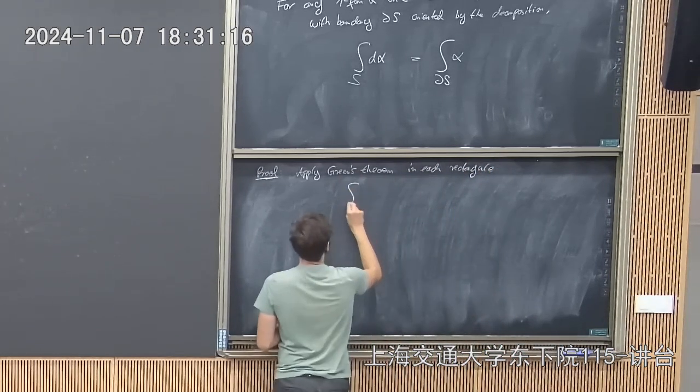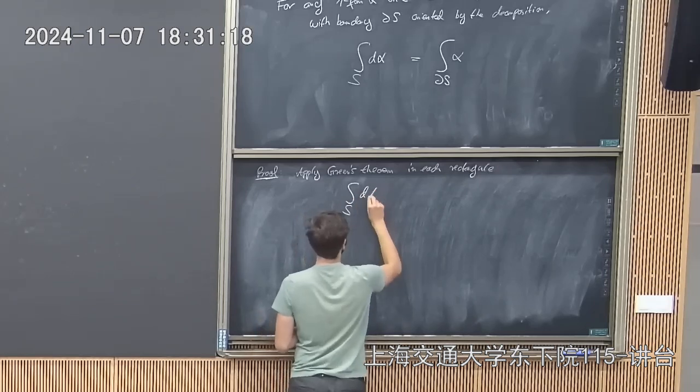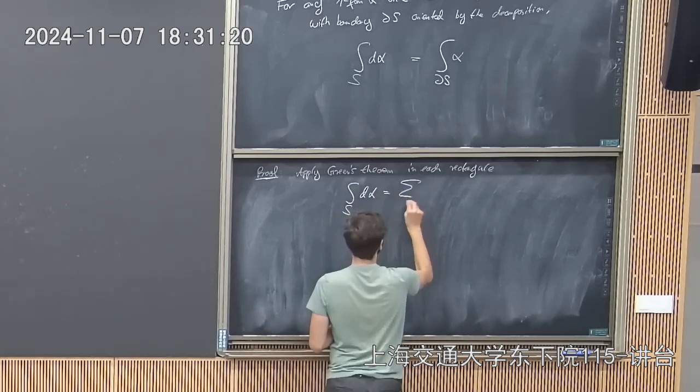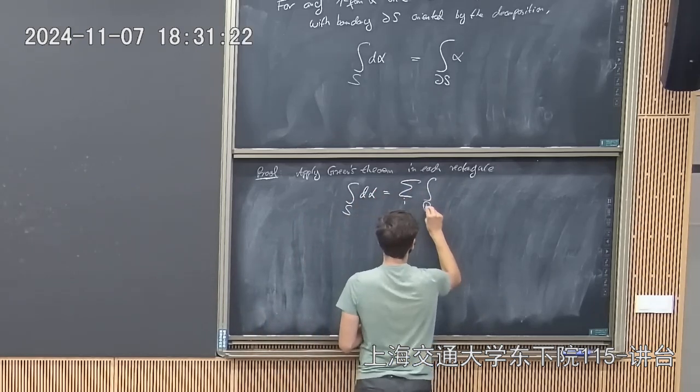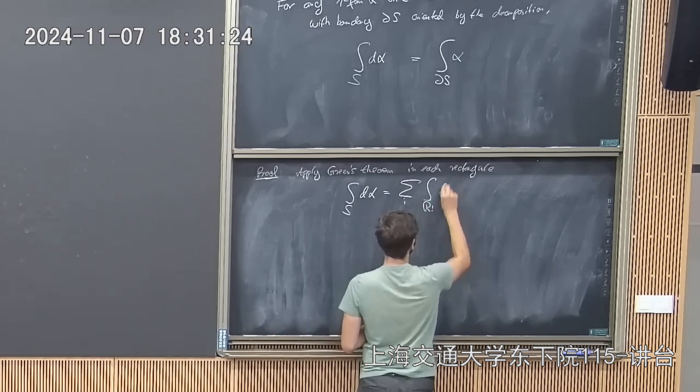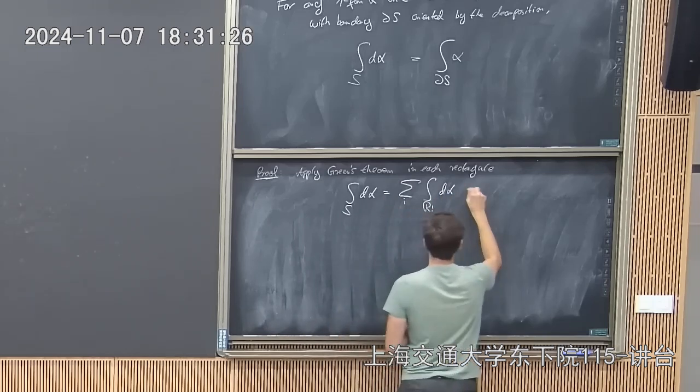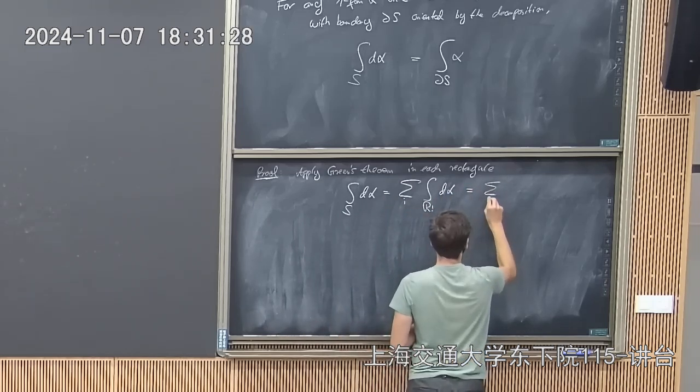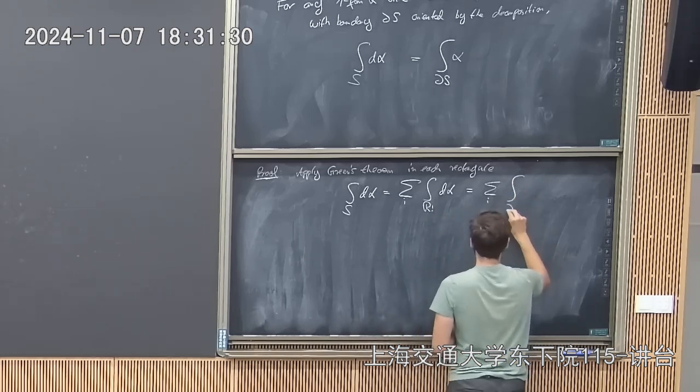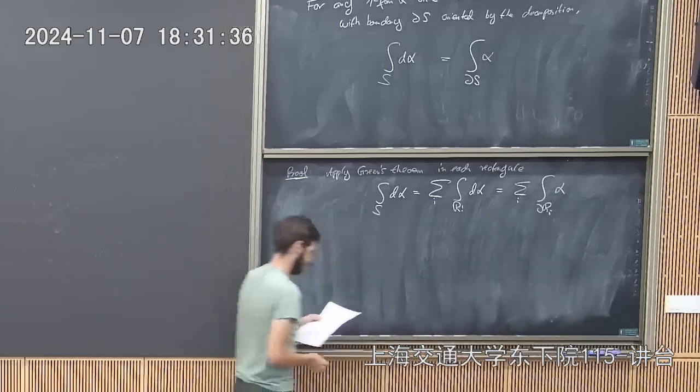So what we get is that the integral over d alpha equals the sum over the integrals of d alpha, which we can then write as the sum of the integrals over the boundary of R_i of alpha.